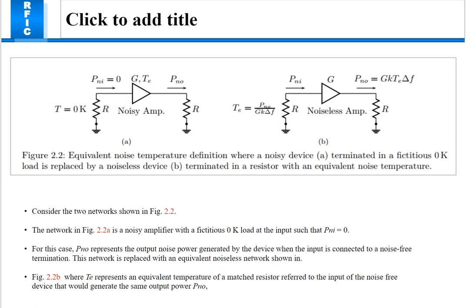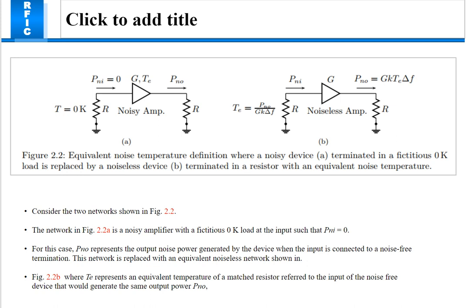Next is the equivalent noise temperature definition. In the first figure, you can see a noisy device terminated in a 0 Kelvin load, replaced by a noiseless device, and in the second figure, it is terminated in a resistor with an equivalent noise temperature. Considering these two figures, the network in figure A is a noisy amplifier with a 0 Kelvin termination, as I said before.